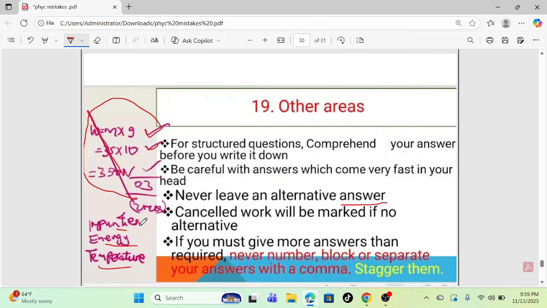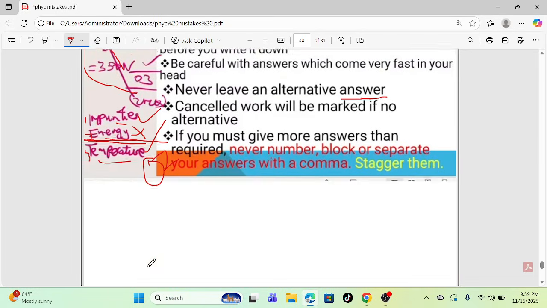So the examiner will mark this and this, and will give you 2 marks. But the moment you number it, you put number 1 here and number 2 here, and this you put number 3. You get this and you miss this. Then the examiner will underline the energy because 2 marks are required and you get 1 mark here. I think you got me. I think I am clear.